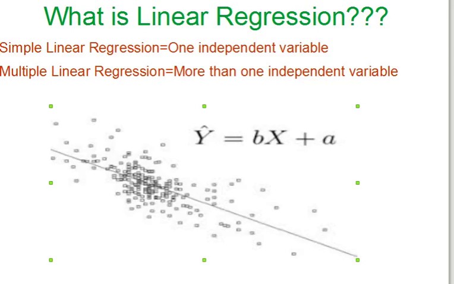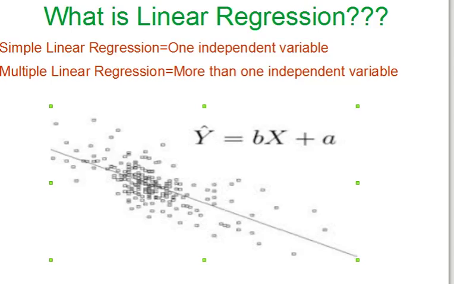Some points to be noted in linear regression: for a given value of x, there are many values of y, and that is why we try to predict the mean value of y for a given x. That means if you see in the graph, for a given fixed value of x, you see that there is a distribution of y. That means there are a lot of y values.